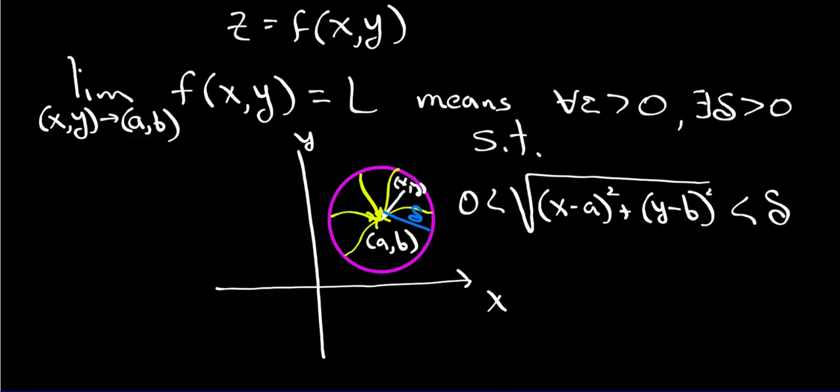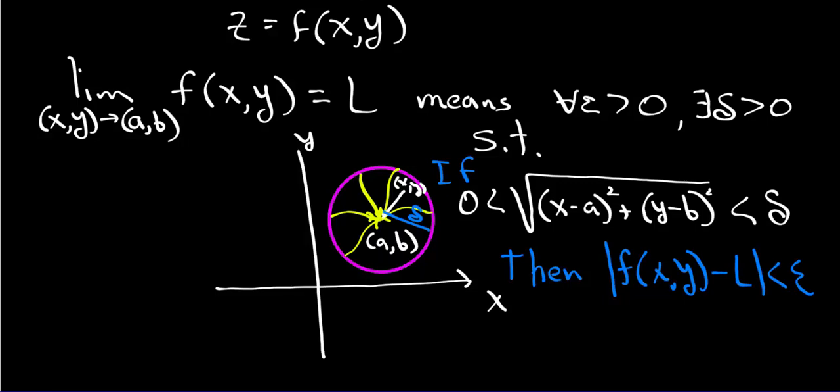So if this is true, then f of x, y minus L is less than epsilon.